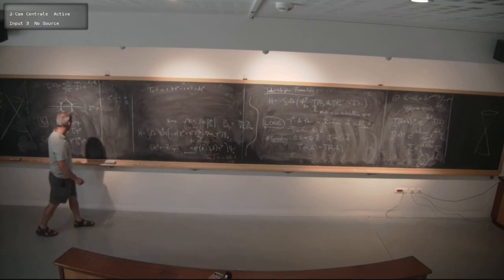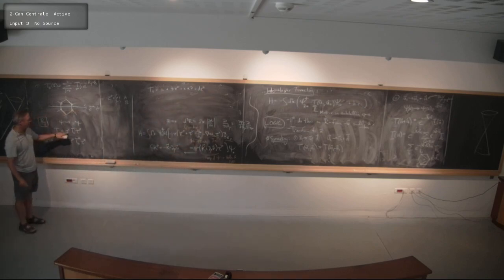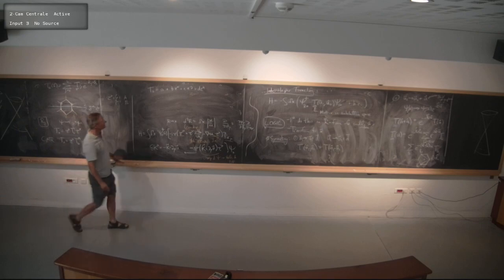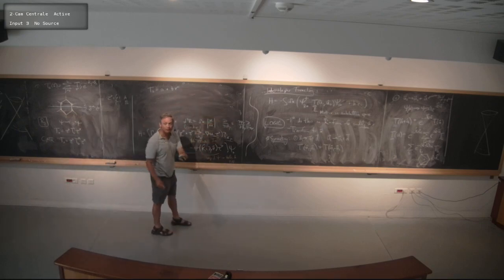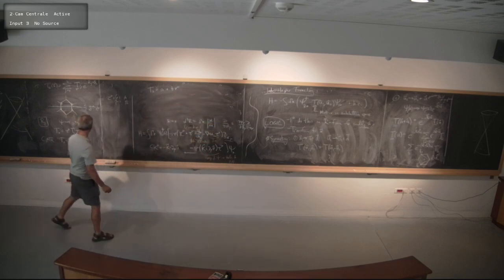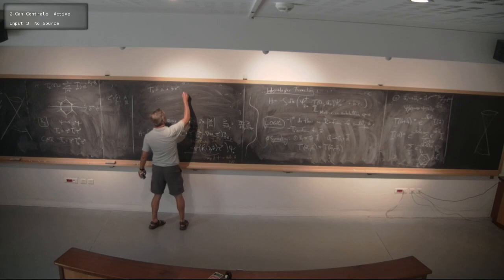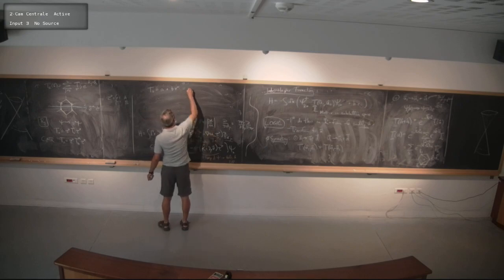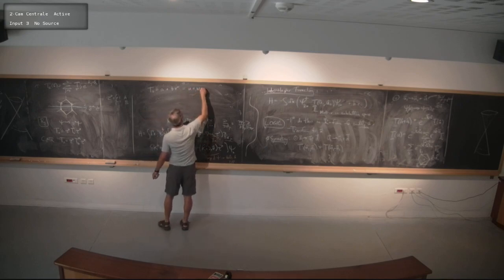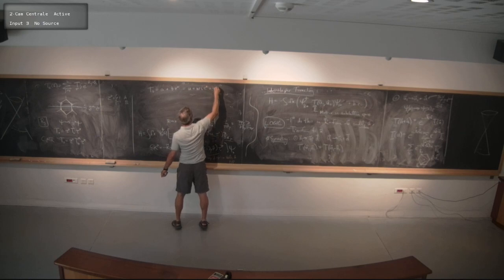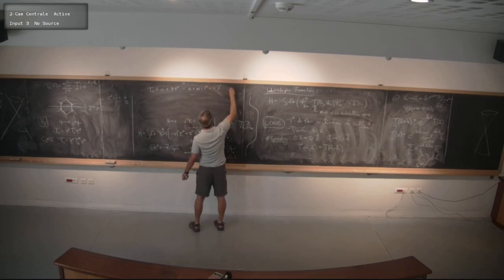If we require that T0 is equal to tau x T0 tau x, that anticommutes with tau y and tau z, so that forces C and D to be 0. And then this forces A and B to be real. So I'm going to write this as U plus W tau plus tau minus, where U and W are real.